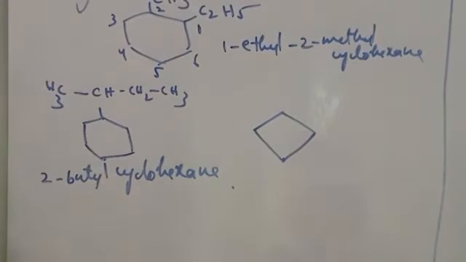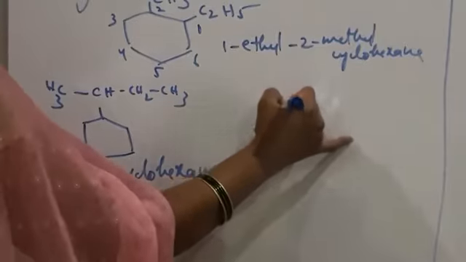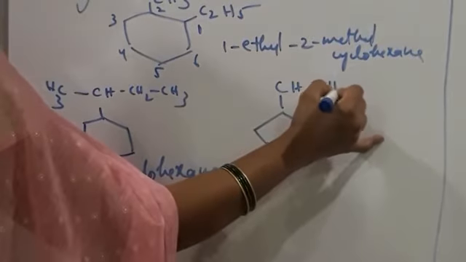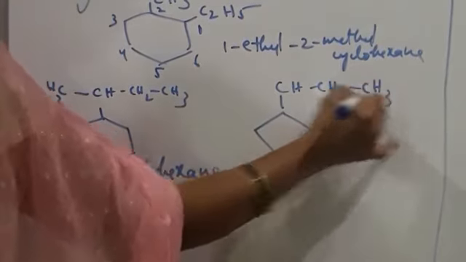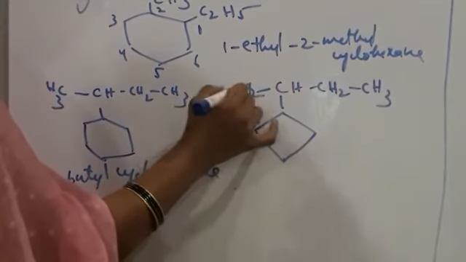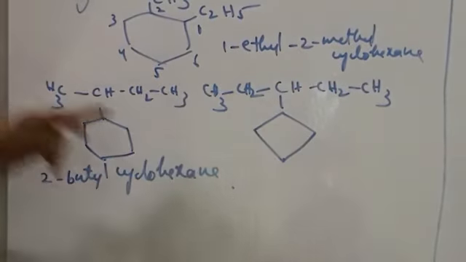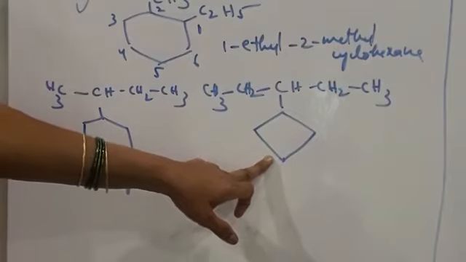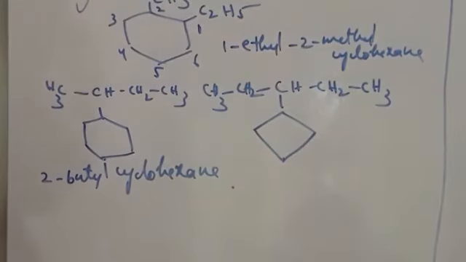And if fewer carbon atoms are there in the ring than in the side chain, the substituent chain, now this ring itself becomes the substituent.